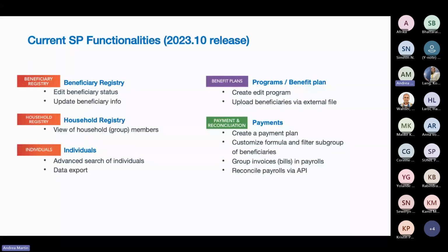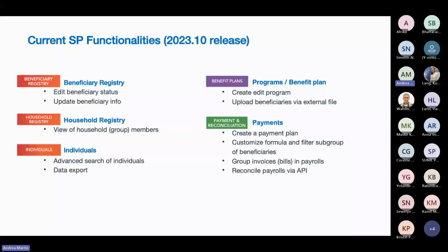Those bills can be grouped in payrolls, and that's a way of managing payments, because in some cases there can be multiple payments that are grouped. For example, there are delays, so you want to pay every 3 months, but then there was a problem, so you send money for 2 quarters in one go.